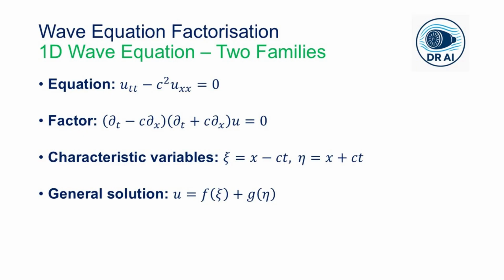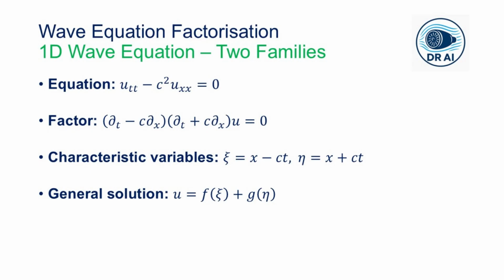Now consider the 1D wave equation as displayed, factor it as displayed, and we introduce the characteristic variables zeta equals x minus ct and eta equals x plus ct. In these coordinates, the wave equation becomes u_zeta_eta equals 0, with the general solution u equals f(zeta) plus g(eta), equals f(x minus ct) plus g(x plus ct).